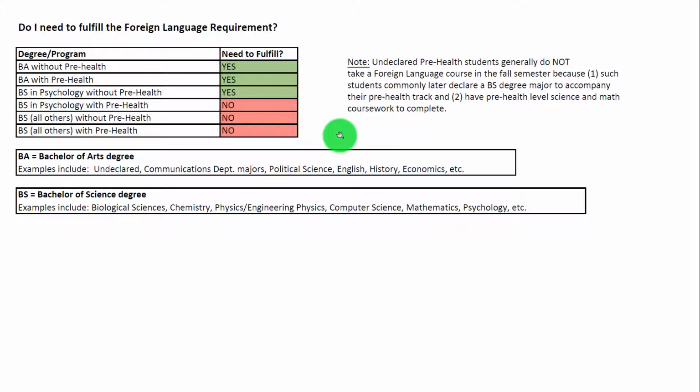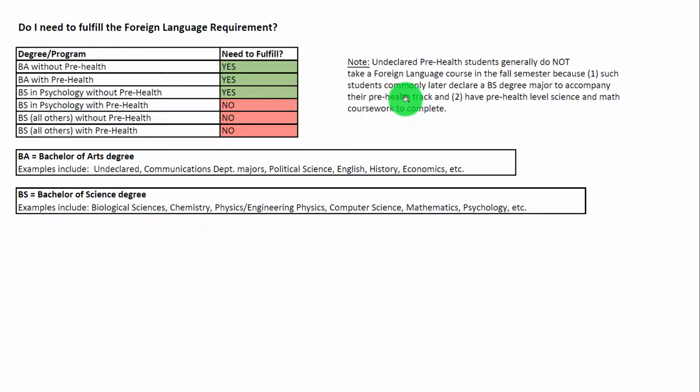The first is because students who come in as undeclared and pre-health commonly later declare a Bachelor of Science degree, like chemistry, biology, physics, integrative neuroscience, and the undeclared status is more of a placeholder for what is going to be a science major later. And second, because there are more pressing pre-health level science and math courses to complete in the fall semester.